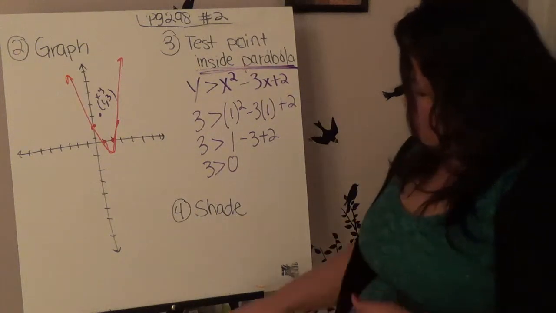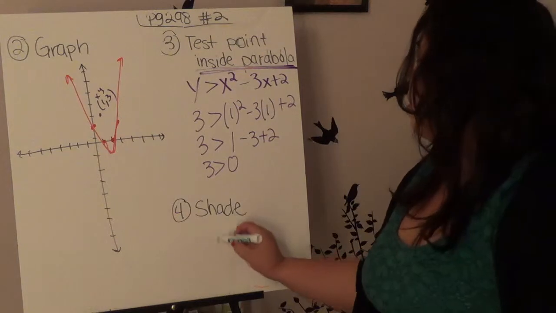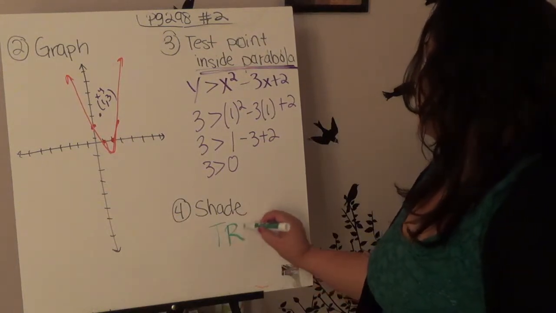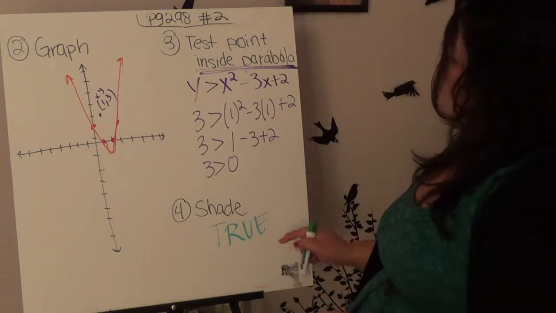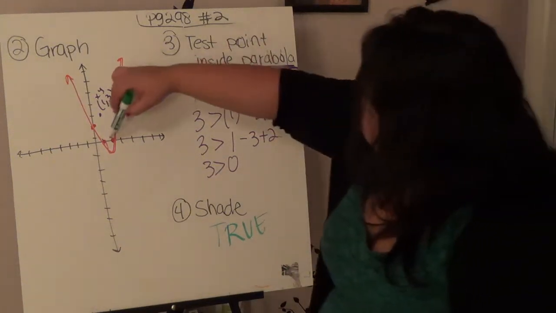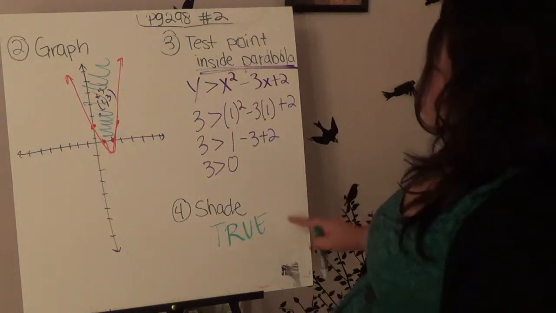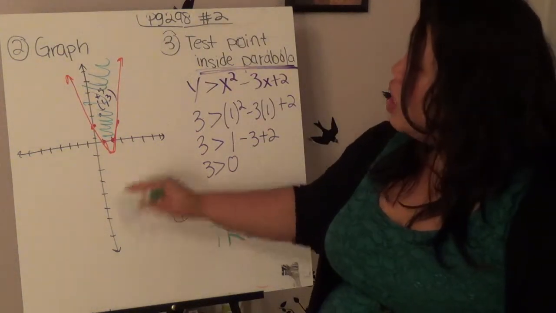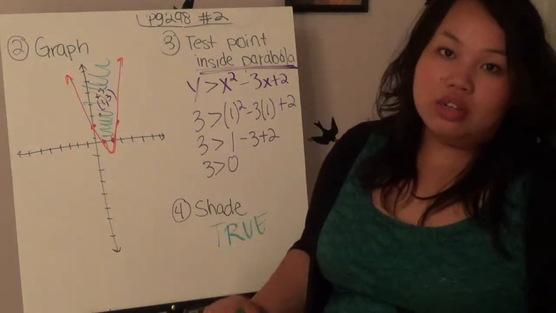Is 3 greater than 0? Well, hopefully you know that is in fact true. Because it's true, I'm going to shade on the inside. Because if it was false, then I'm going to leave the inside blank and I'm going to shade all on the outside.